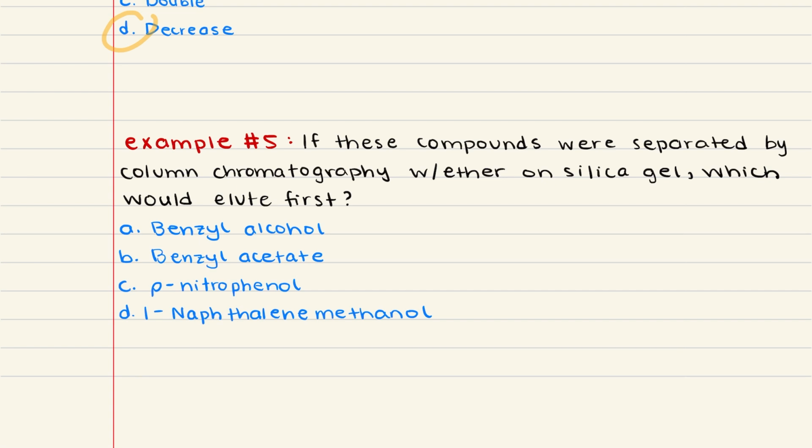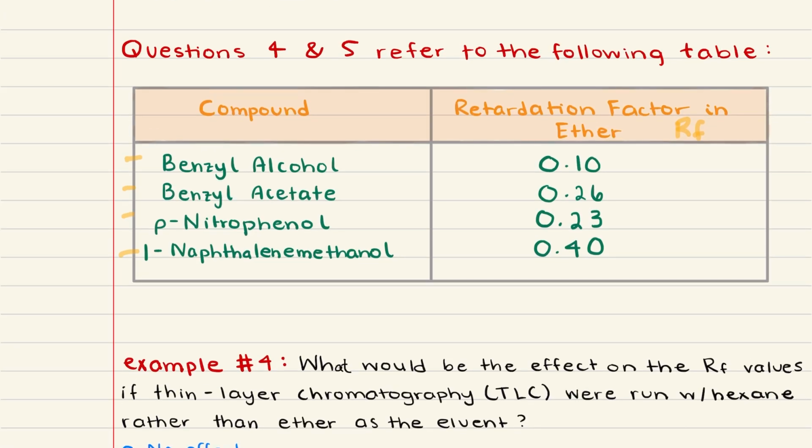Let's look back at the table of RF values. While RF values aren't directly used in column chromatography, they do reflect polarity. Higher RF values mean the compound moved more easily on thin layer chromatography, which typically means it had less interaction with the polar stationary phase and is therefore less polar.